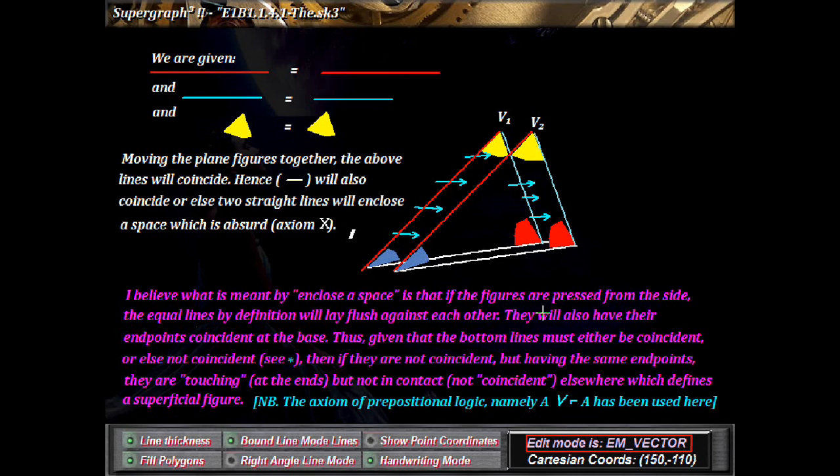Now, seeing that they coincide and essentially become one, it follows that the endpoints of either of those lines also coincide. If the lines coincide, then everything about them is coincident, including the endpoints.